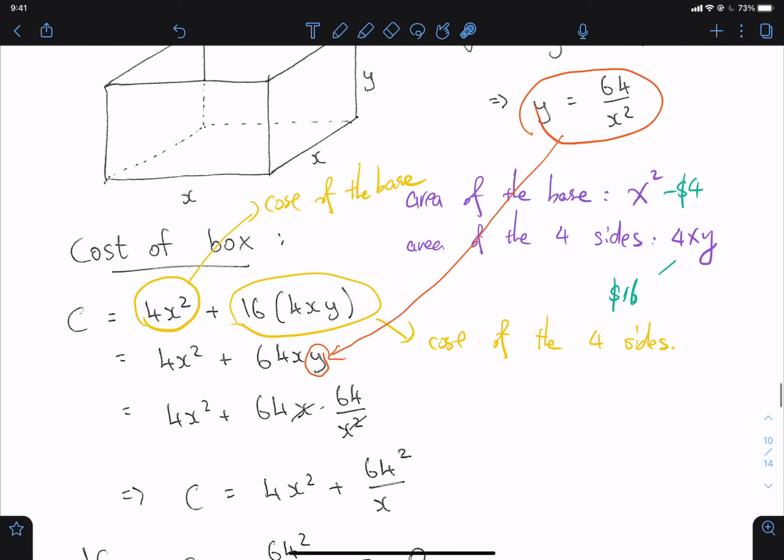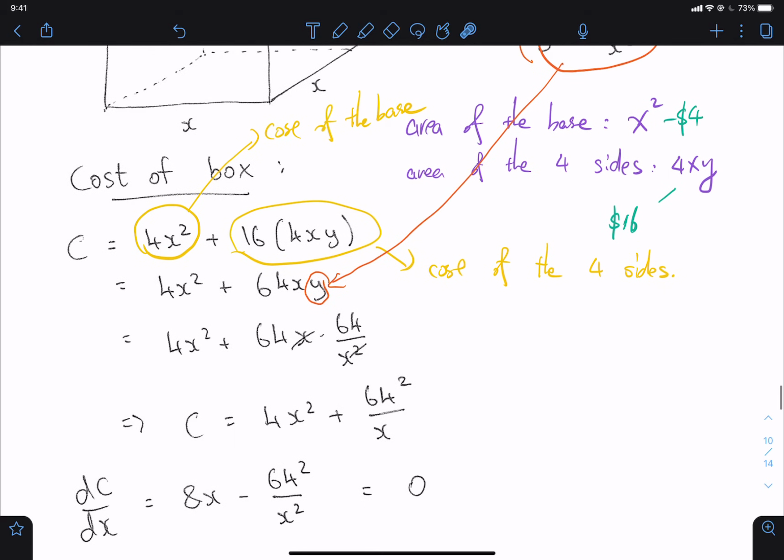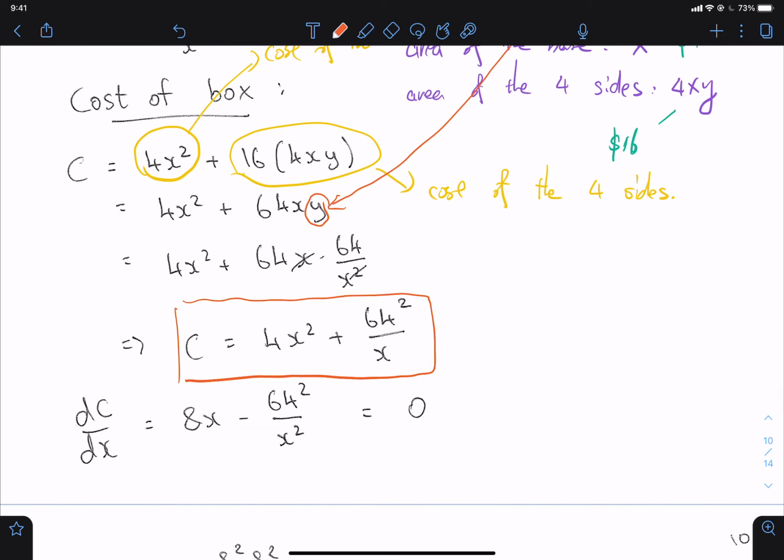So now y is gone. It's written in terms of x, 64 divided by x squared, and then we cancel this x with one of the x's in the denominator, and the function simplifies to this. So this is going to be our target function.